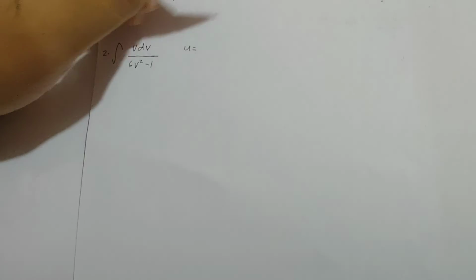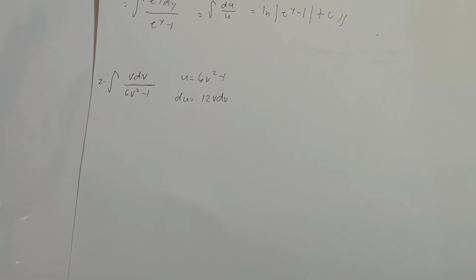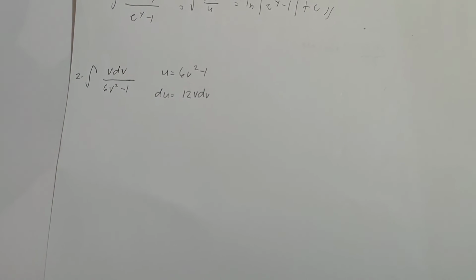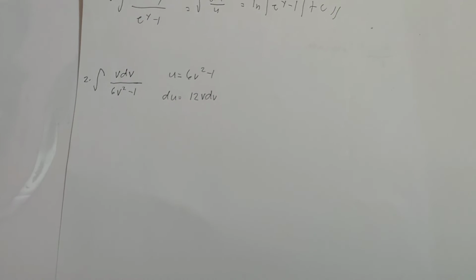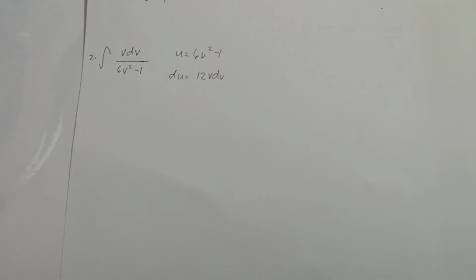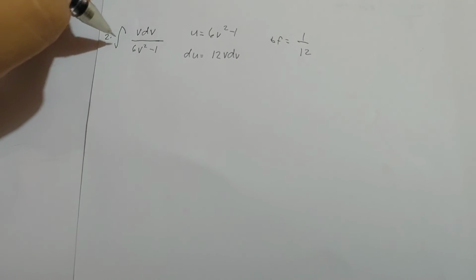Our second practice problem is the integral of v dv all over 6v squared minus 1. Our first step is, let us assign our u, which is 6v squared minus 1. The derivative of 6v squared minus 1 is 12v dv. As we can see, we don't have any 12 in our problem. So by this, we will have a balancing factor, which is 1/12, and we will put 12 here.